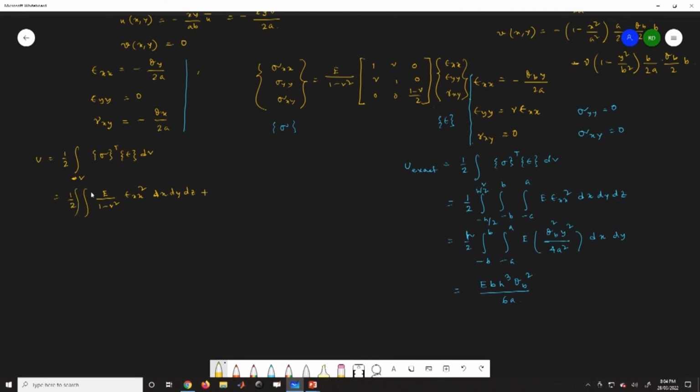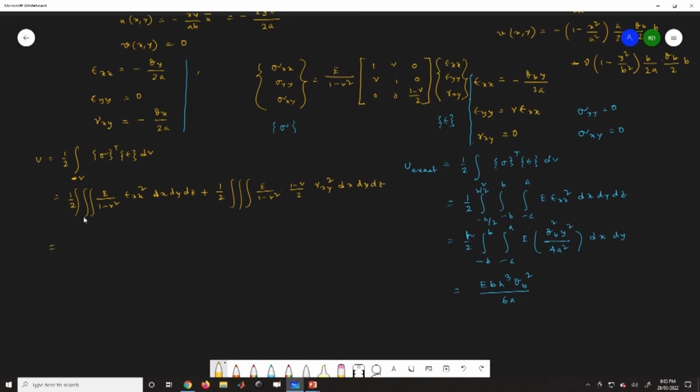So three integrals will be there, and then again you will have half of the integral of the shear term, E by 1 minus nu squared into (1 minus nu) by 2, gamma xy squared dx dy dz.